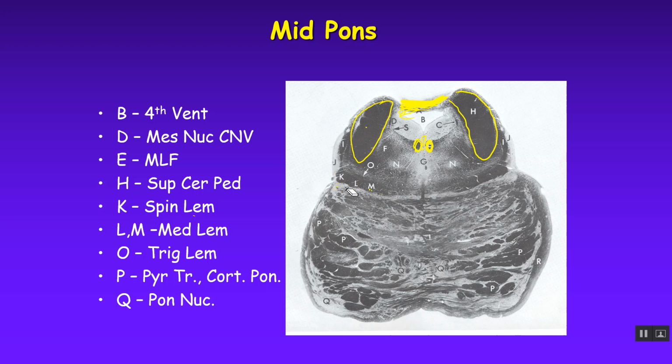And then you start to send some of your information from your trigeminal nucleus, whether it's from your main sensory nucleus or from your spinal nucleus of the trigeminal nerve. That starts to cross over and go up to your cortex to give you conscious awareness.